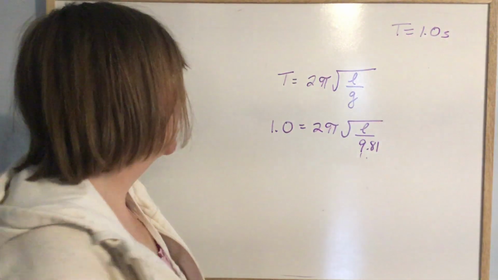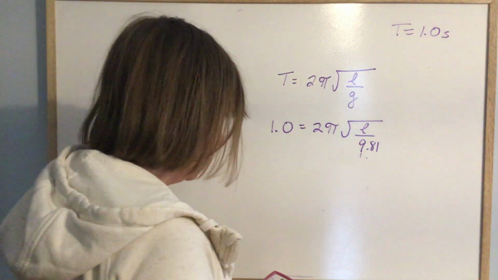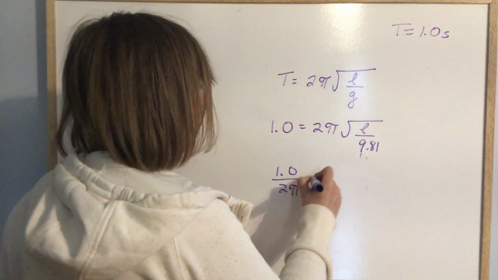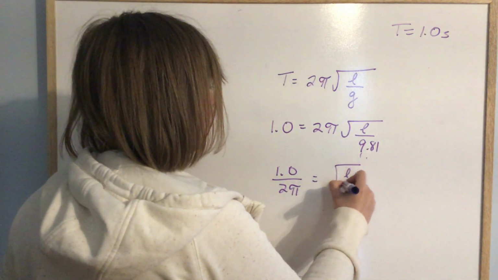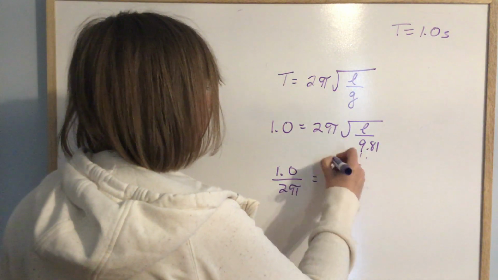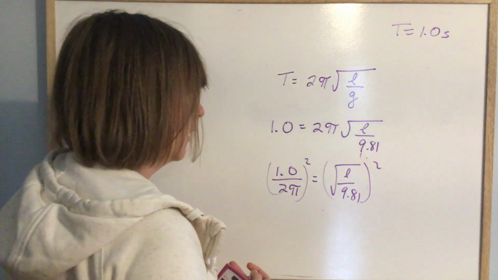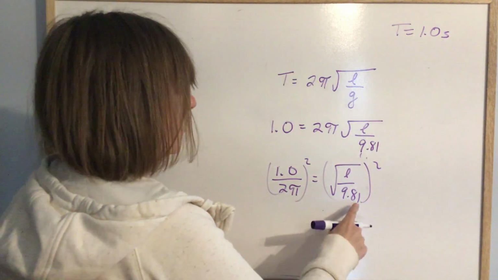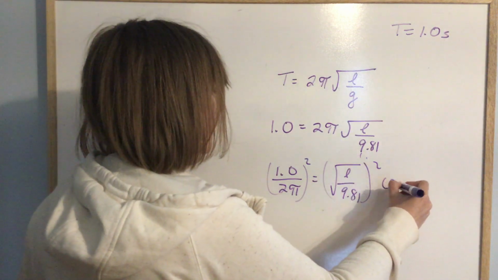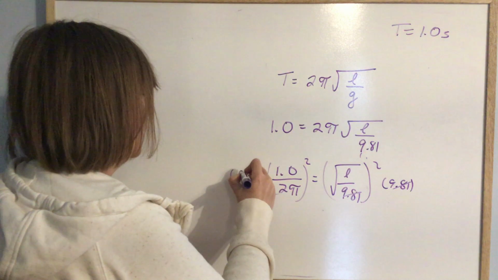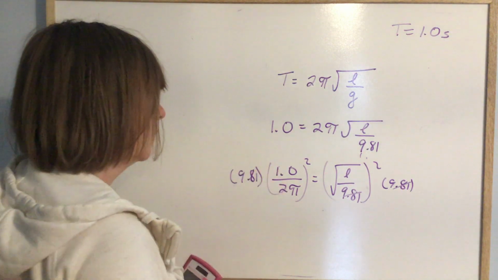And so I would divide both sides by 2 pi. So I would do 1 divided by 2 pi is the square root of L over 9.81. I would then square this side and square this side. And then I would multiply this side by 9.81 because I need those to cancel.